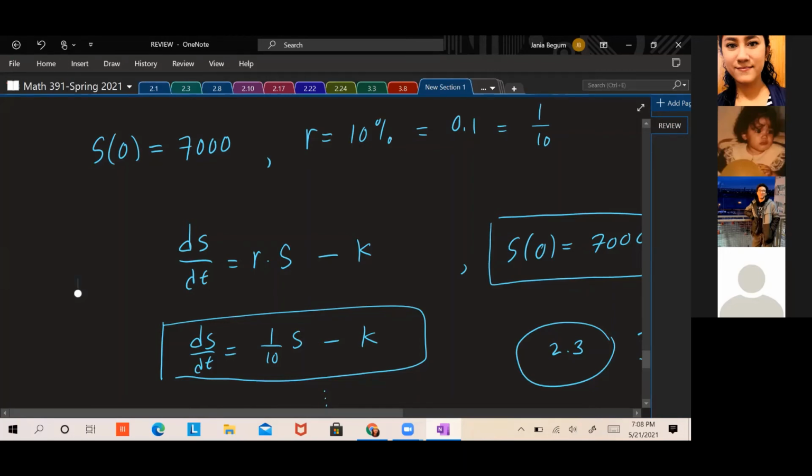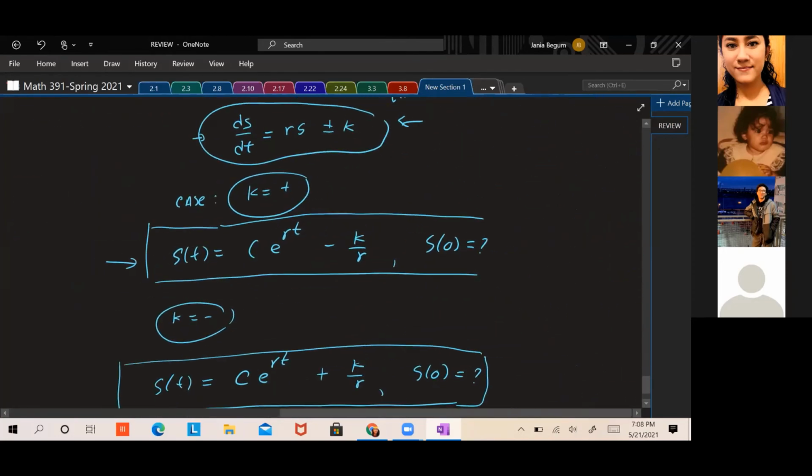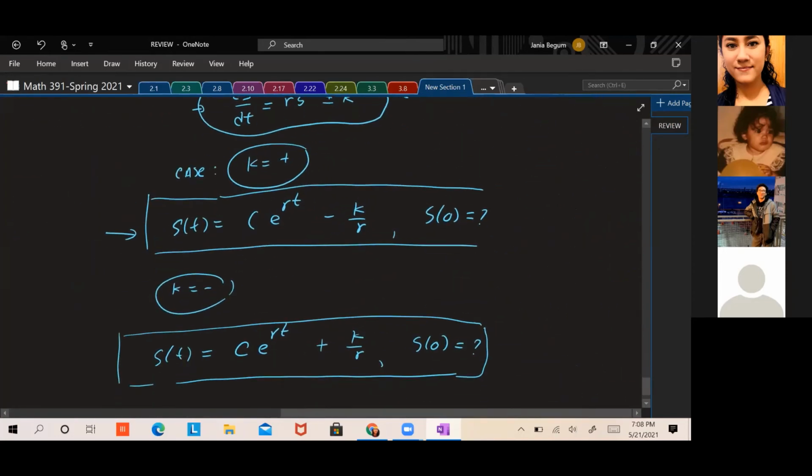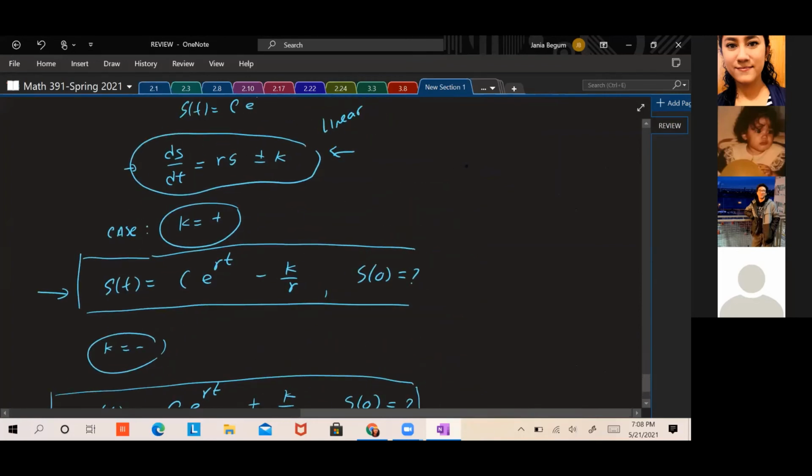Yeah, was it you? Yeah, that was me. From what I recall, C is just S naught plus K over R, right? Well, if you plug in the initial condition, if K is positive. Right, so if I plug in the initial condition, what do I have?